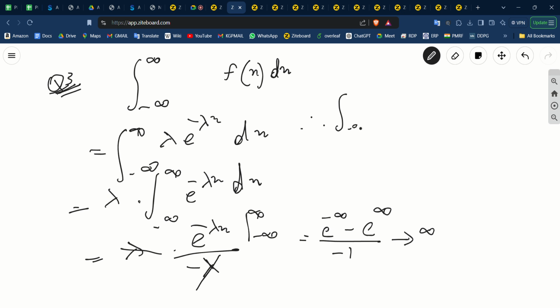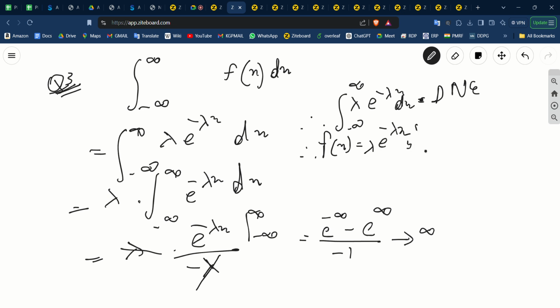Therefore the integration of lambda e to the power minus lambda x over the entire real number range does not exist. Therefore f(x) equals lambda e to the power minus lambda x is not a valid PDF over minus infinity to infinity.